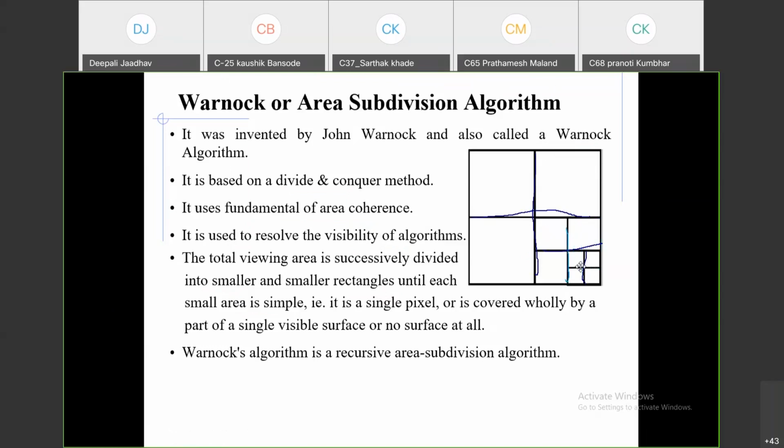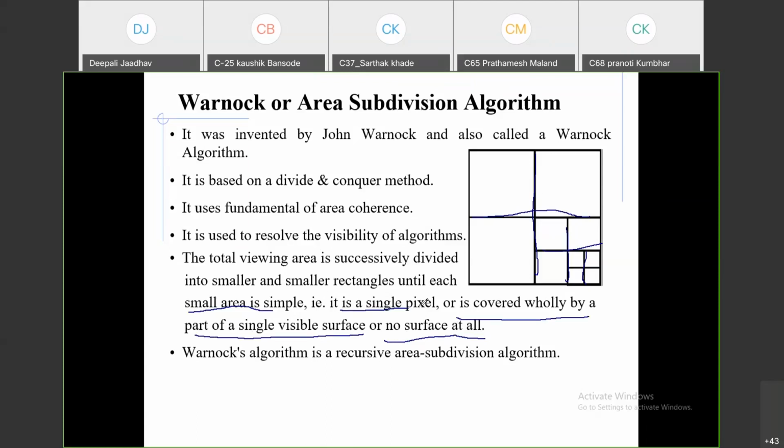In this way it is divided into smaller rectangles until each small area is simple, meaning it is a single pixel, or it is covered wholly by a part of a single visible surface, or no surface at all. No surface at all means there is no surface, so it is the background color.